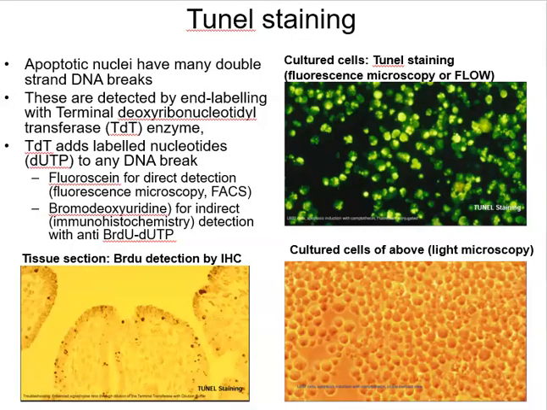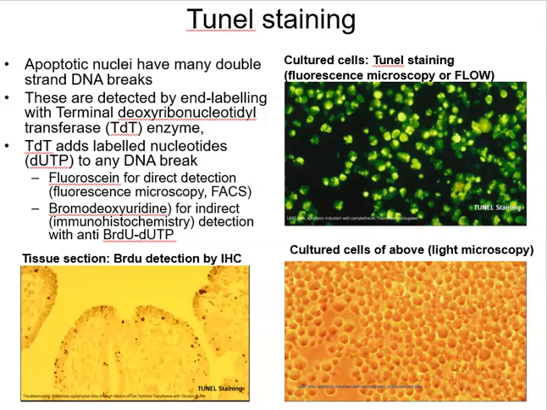Now, because we know that DNA has lots of DNA breaks in an apoptotic cell, we can exploit that with TUNEL staining. TUNEL staining uses terminal deoxynucleotidyl transferase, TdT, and this enzyme will add nucleotides onto the end of any DNA breaks.